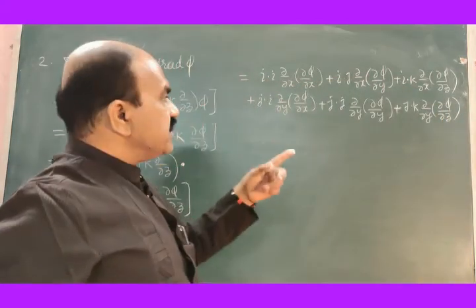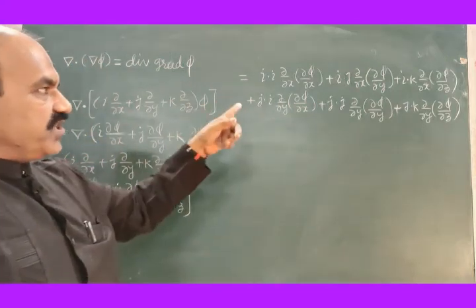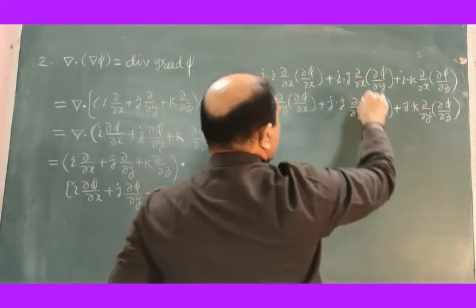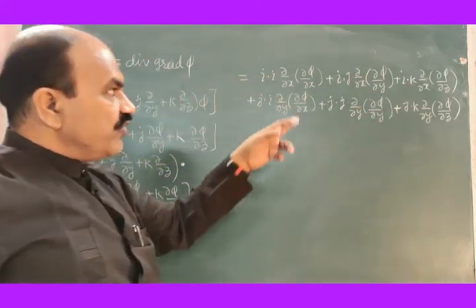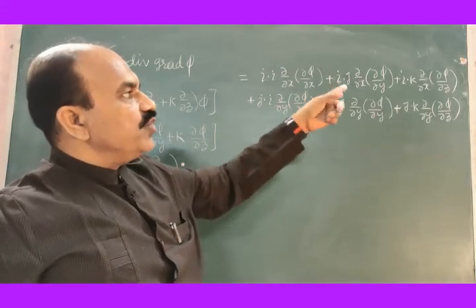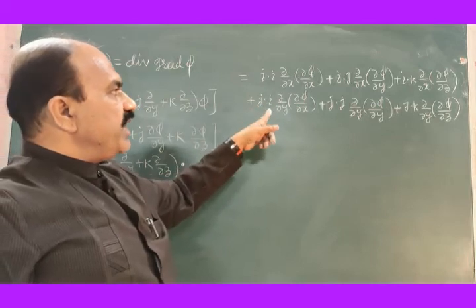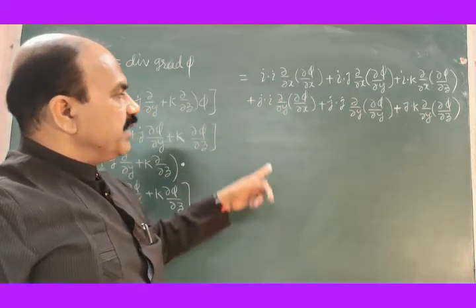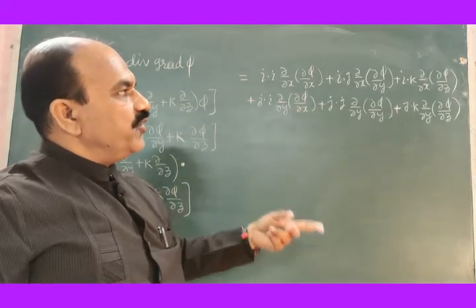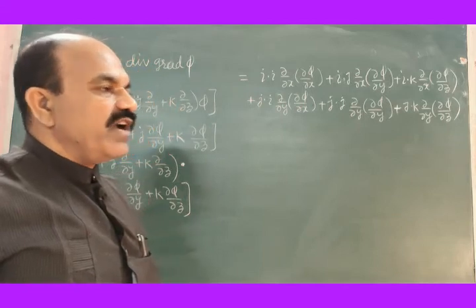The first one is i dot i ∂/∂x of ∂φ/∂x plus i dot j ∂/∂x of ∂φ/∂y plus i dot k ∂/∂x of ∂φ/∂z plus j dot i ∂/∂y of ∂φ/∂x plus j dot j ∂/∂y of ∂φ/∂y plus j dot k ∂/∂y of ∂φ/∂z.